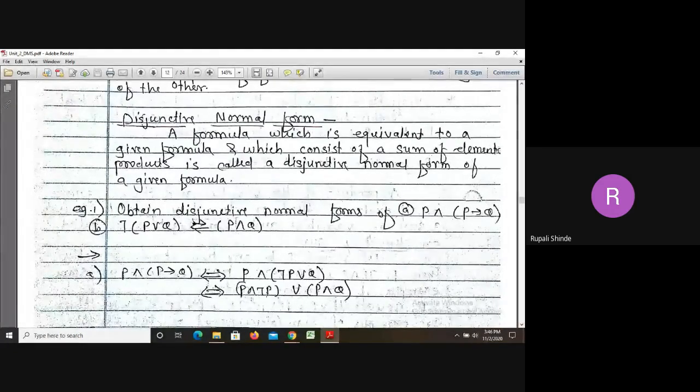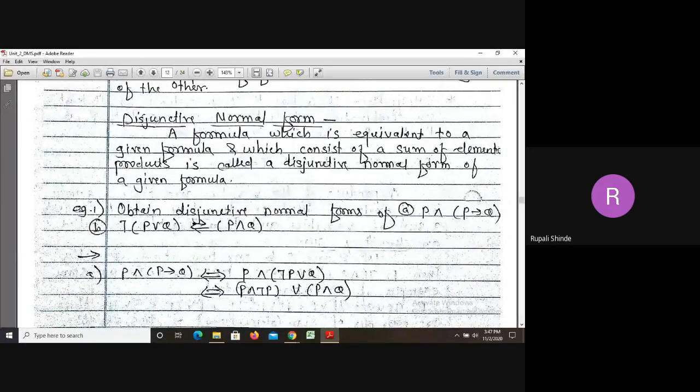Check here: first one P and negation P, and second P and Q. These two are elementary products, and they are connected by OR symbol, which means a sum of elementary products. Now check what we have written in the definition: a formula which is equivalent to the given formula and consists of a sum of elementary products is DNF.